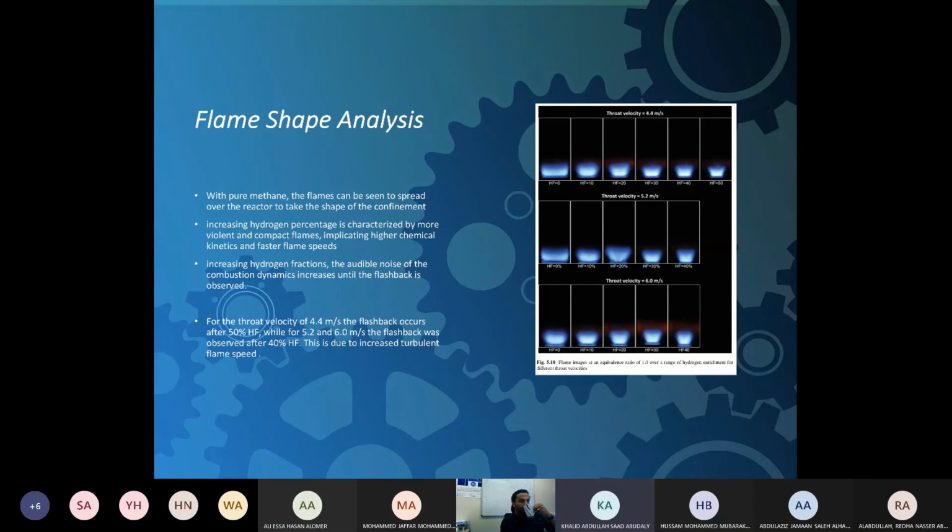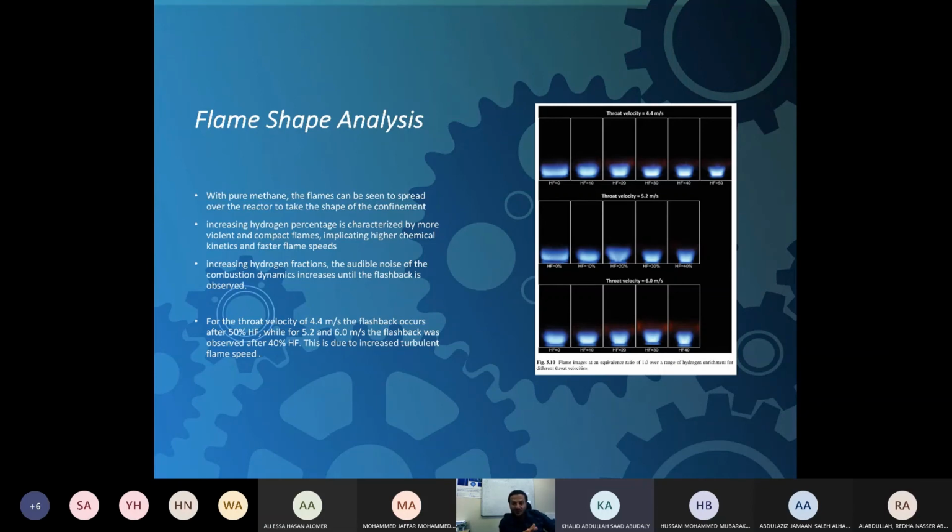Increasing the hydrogen also increases the noise of the combustion dynamics until flashback is observed. For the third velocity of 4.4 meters per second, the flashback occurs after 50% hydrogen fraction.